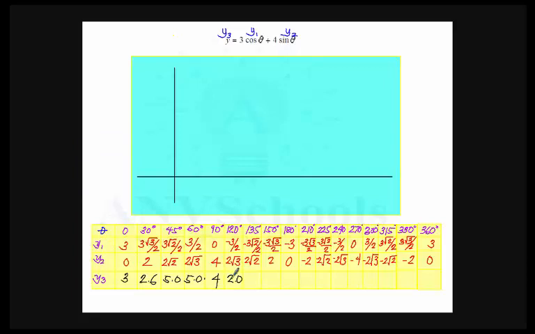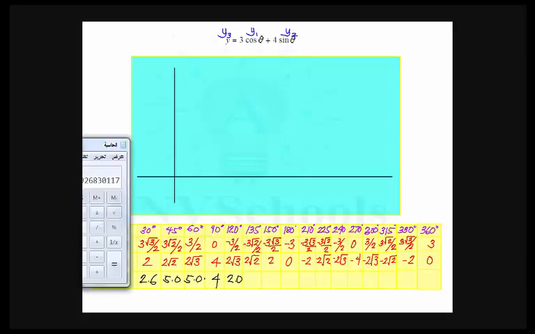Okay, and on the other hand we have 3 divided by square root of 2, plus 2 times square root of 2, equals minus 3 divided by square root of 2, equals 0.707.